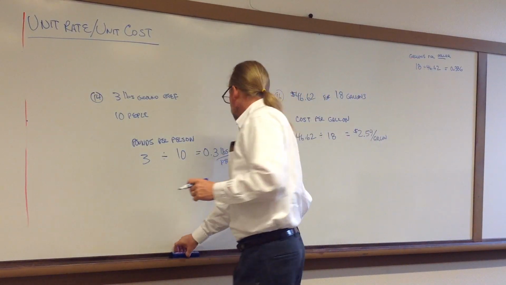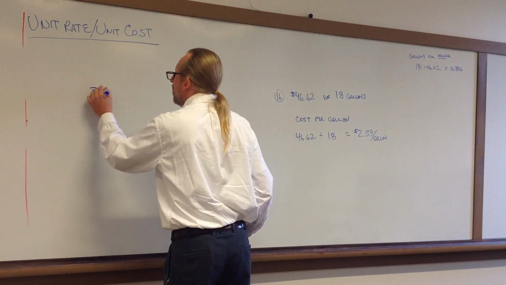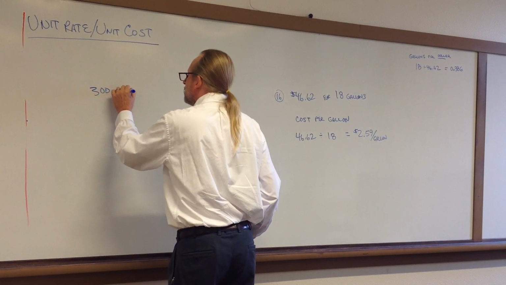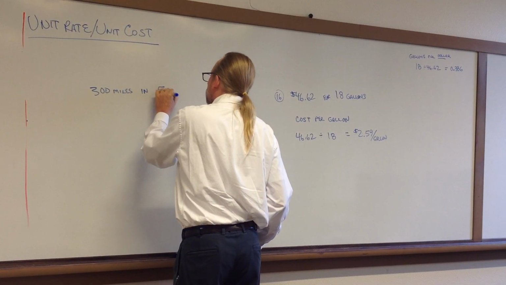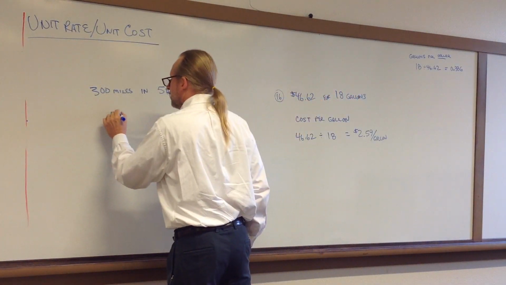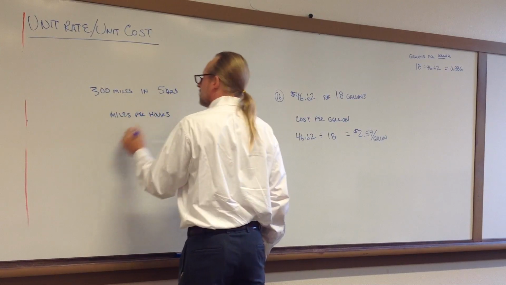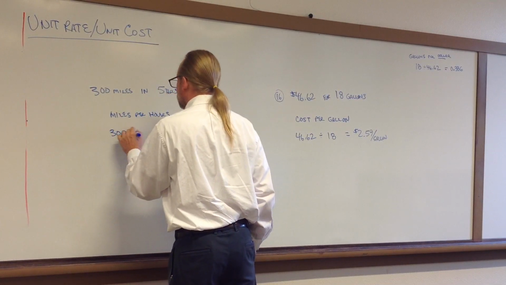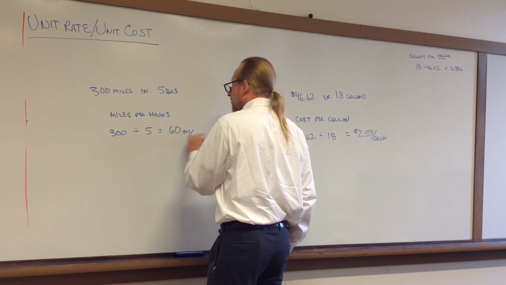Let me give you an example with traveling. Let's say you go 300 miles in 5 hours. Pretty straightforward. So if you want miles per hour, then you go 300 divided by 5, and that's 60 miles per hour.